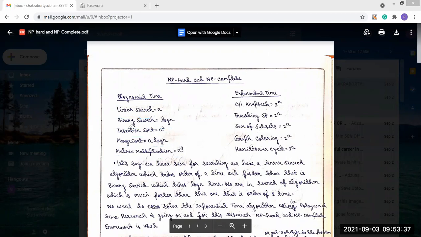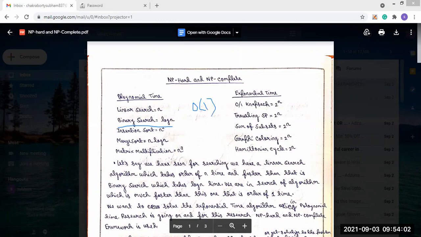Binary search is the fastest algorithm for searching, taking log n time. Can we find any algorithm which is faster than this, that means any algorithm that takes order of one time?